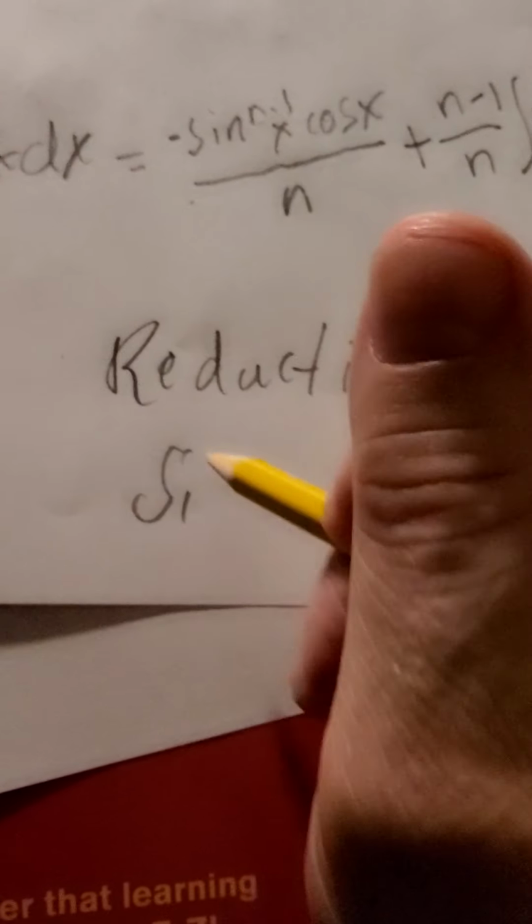Table of integrals. So you got the table of integrals, and you look for the reduction formula for the sine function. Okay. So that's what you might want to do to verify that this is correct.